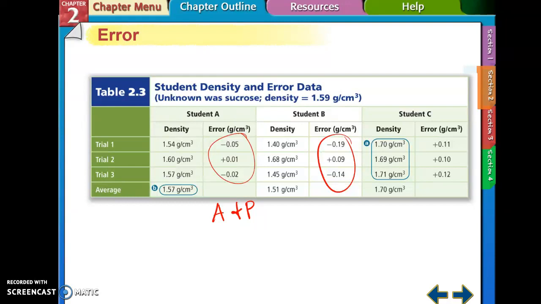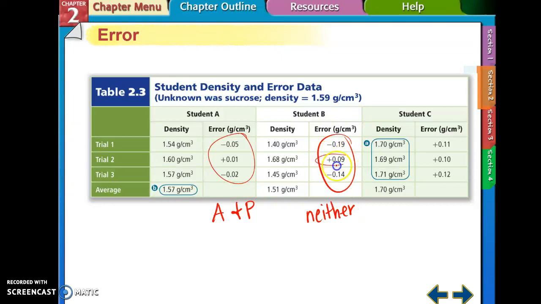You've got negative 0.19, positive 0.09, and negative 0.15. So right there, even though their average was pretty close to our accepted value, I would not call them accurate. I would not call them precise. They are neither, because they are not all within 0.1 of each other or the value.